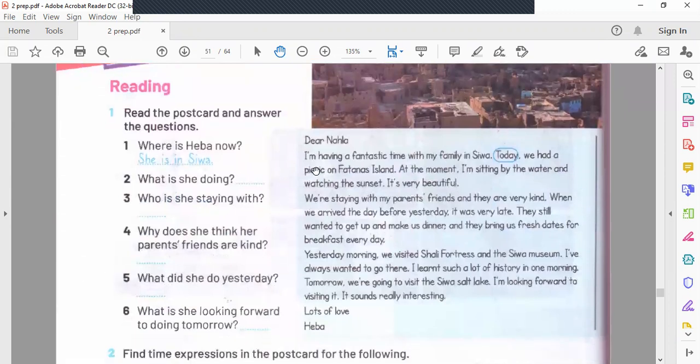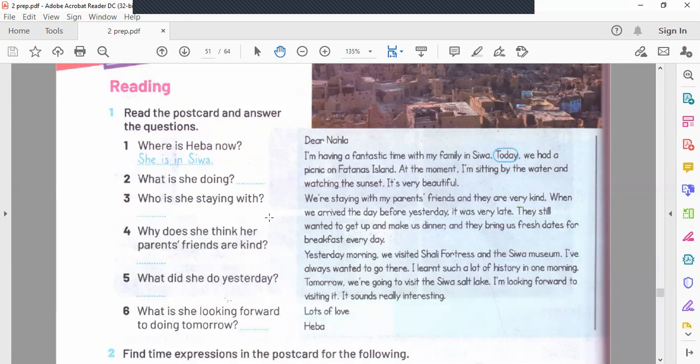Dear Nahla, I'm having a fantastic time with my family in Siwa. Today we had a picnic on Fatanas Island. At the moment, I am sitting by the water and watching the sunset. It's very beautiful. We are staying with my parents' friends, and they are very kind. When we arrived the day before yesterday, it was very late.